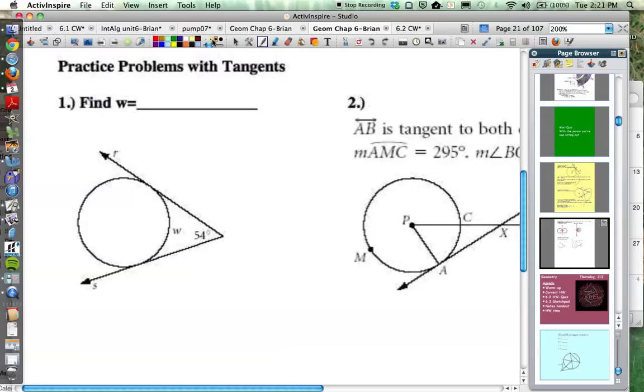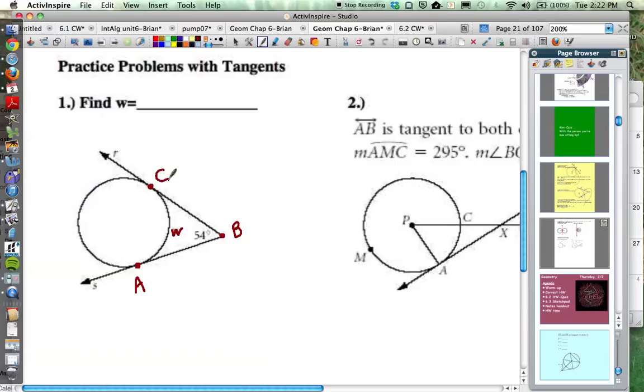So there's an arc measure that we're looking for that is W. We are given a couple of tangent lines or tangent segments. If we put a point at the point of tangency, then we'll have a couple of segments here. Just for the sake of explaining this, I'll call it A, B, and C or something like that. So basically we're looking for the arc between A and B.